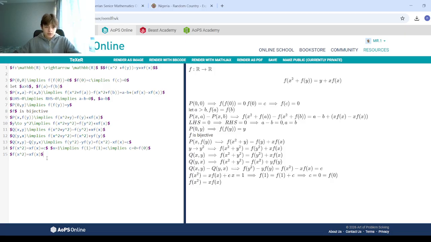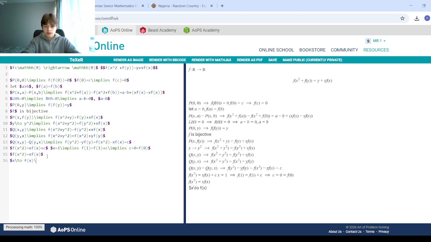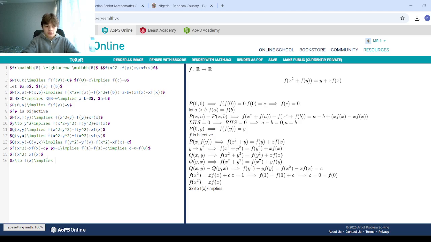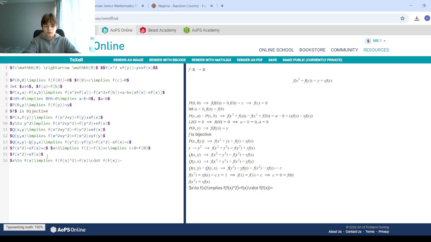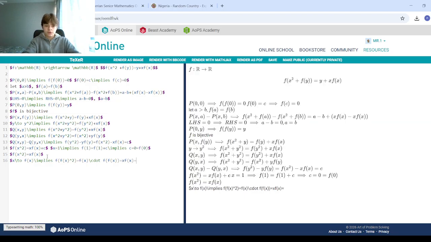What can we do here? We can replace x with f(x), and we will get f(x)² = f(x) times f(f(x)), which is equal to x times f(x), which we know is equal to f(x)².